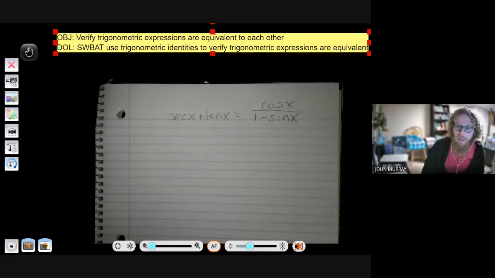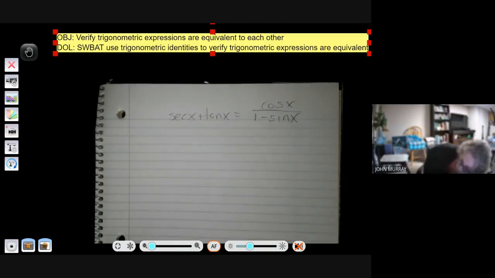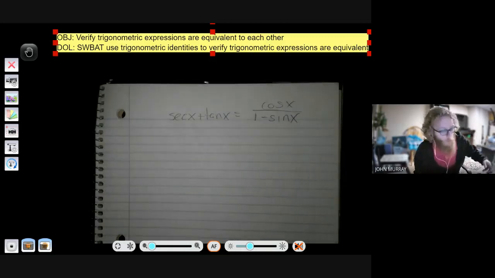All right, so we have secant x plus tangent x equals cosine x over 1 minus sine x. So I am going to put you guys into groups, if I can. There we go. And then once I have you guys in groups, I'm going to tell you which side you're working on.